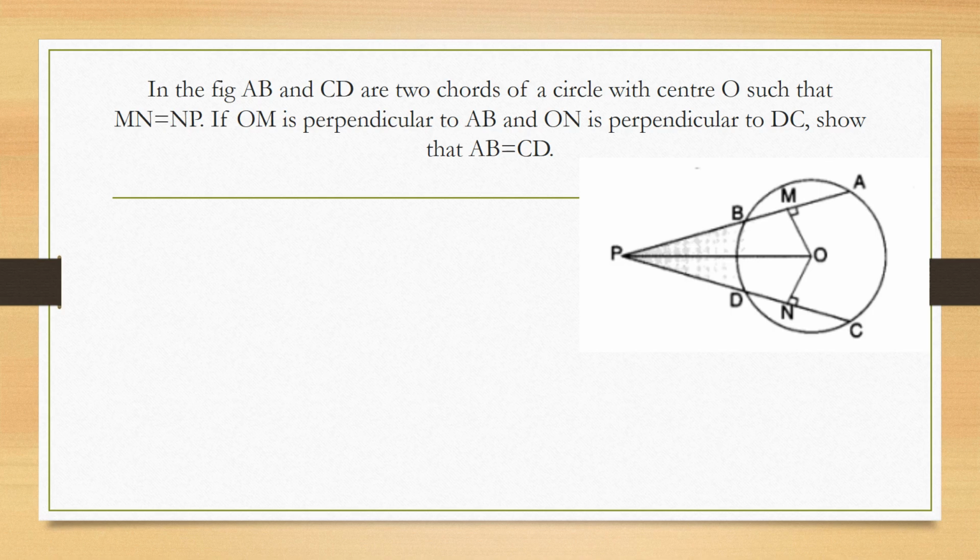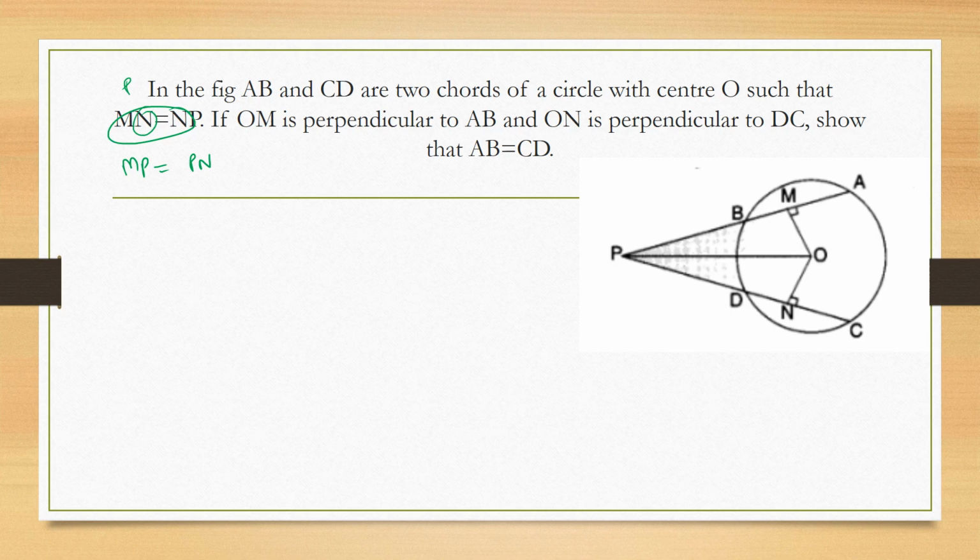Again circles. AB and CD are two chords of a circle. AB and CD, yes, we can see them. Such that MP is equal to NP.